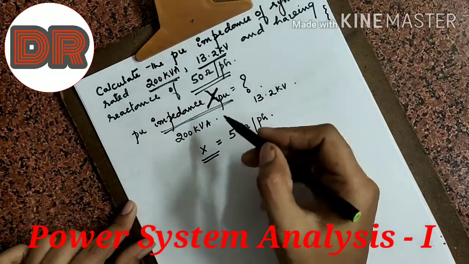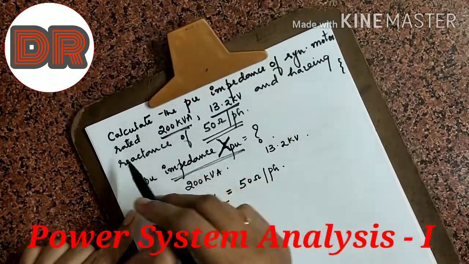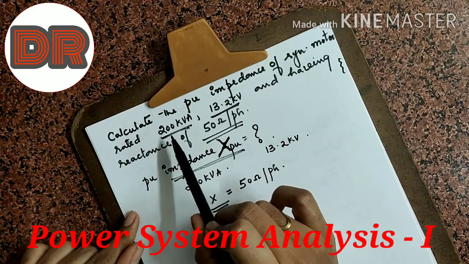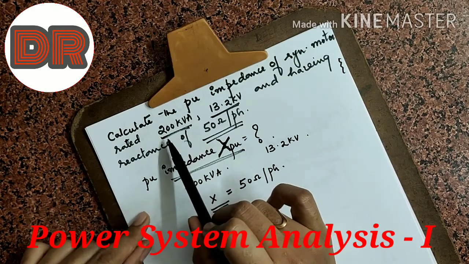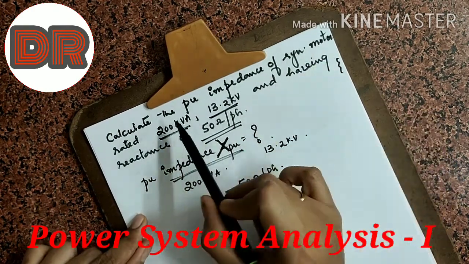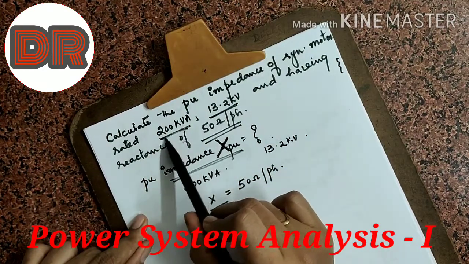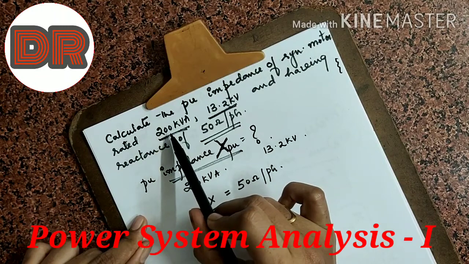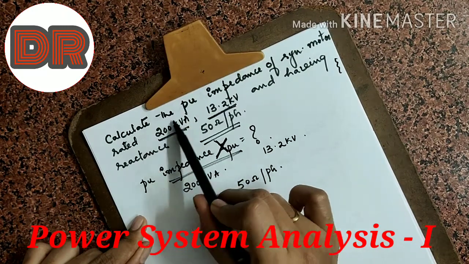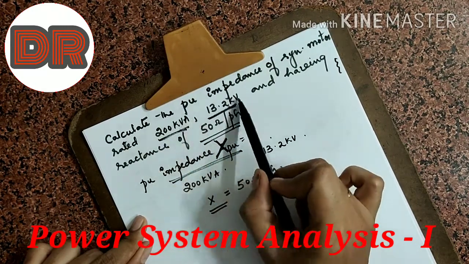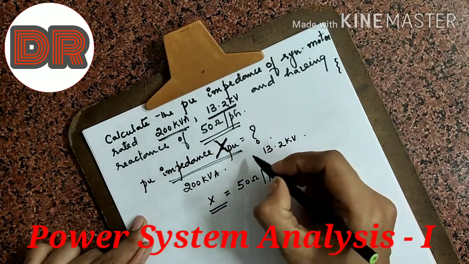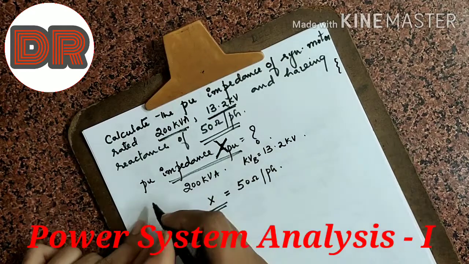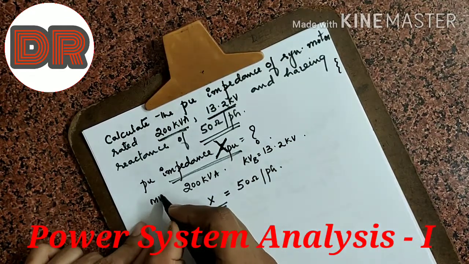Also, in this question there are not many equipments. There is only one component of the system, the synchronous motor, with only kVA and kV values given. So you can take 200 kVA as the base and 13.2 kV as the base voltage. Let me write this as kV base and this as MVA base.